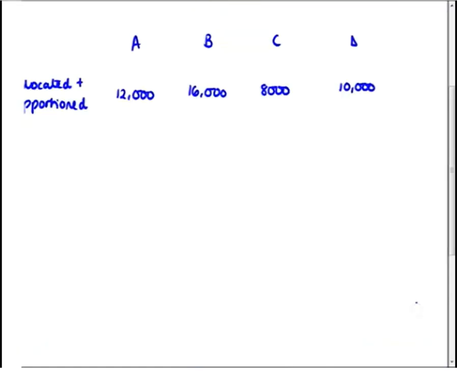First of all, we look at the use of C. We've got $8,000 in C, and we're going to split that out in the ratio 60% to A, 30% to B, and 10% to D.